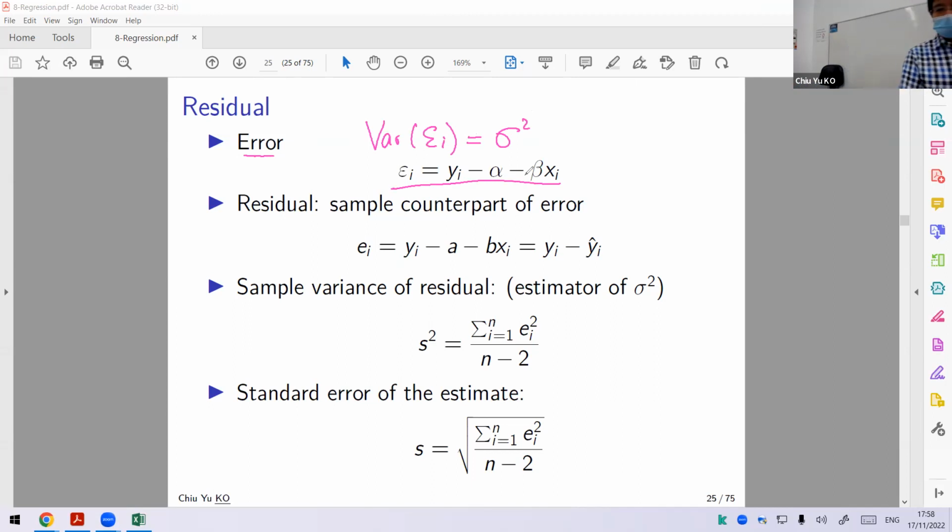The way we do it is very simple. Just do the sample counterpart. We just replace alpha by A, beta by B, and we can find the sample variance of this. That's what we're doing.